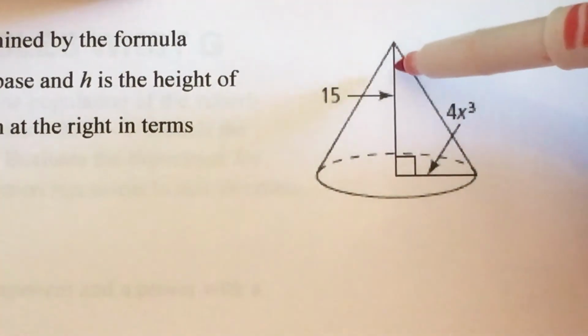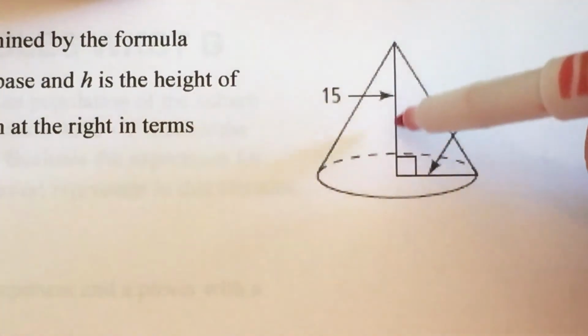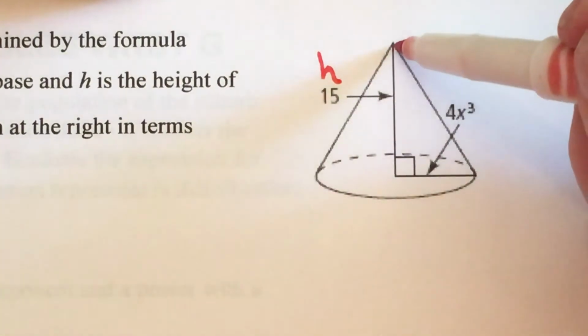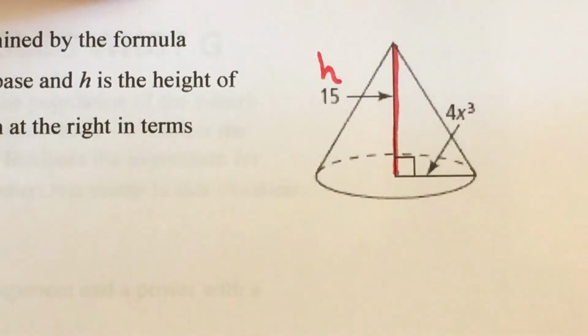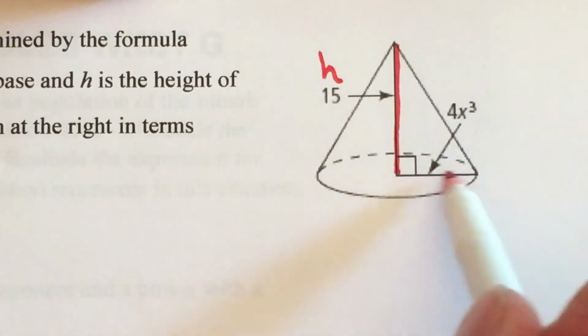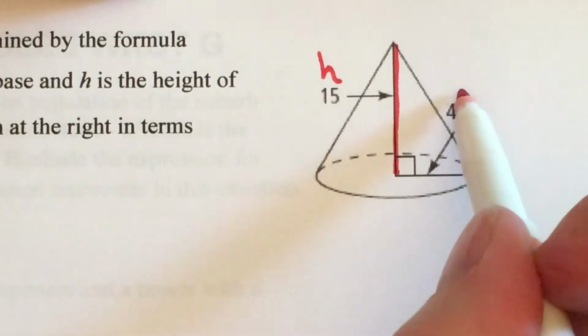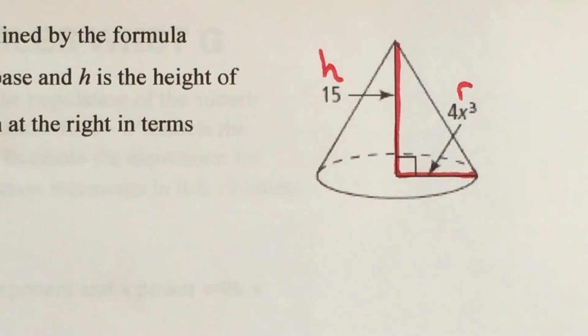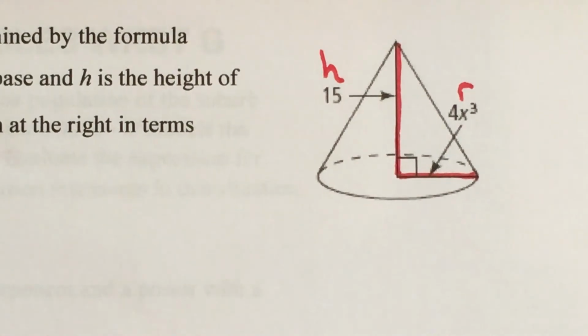So this 15, this is the height. It went straight up and down, height. And remember, from the center to the edge of your circle, this is the radius. Great. Now we can put things into our equation and go solve.